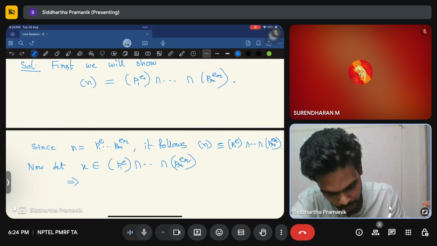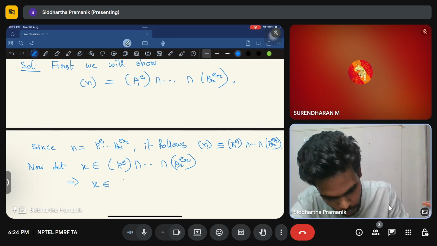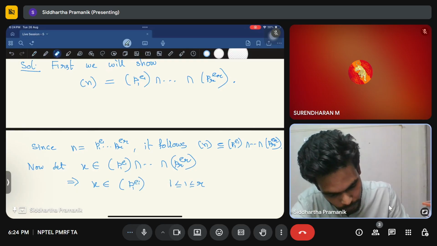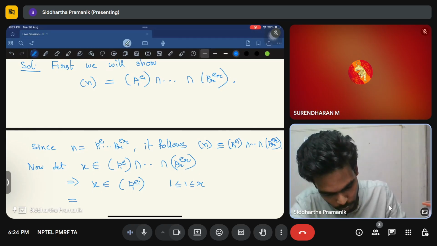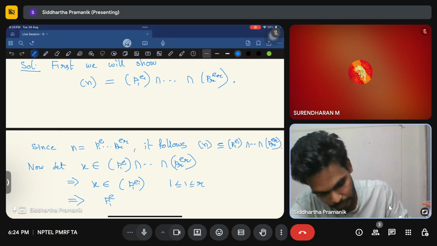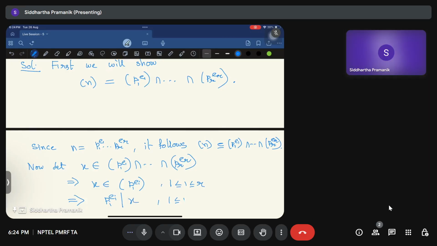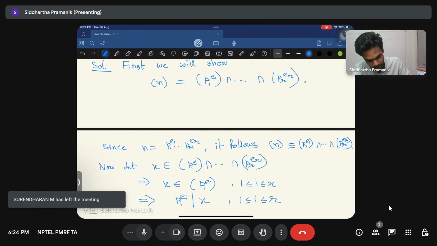Let me write it clearly. So x belongs to the ideal generated by pi^ei for 1 less than or equal to i less than or equal to r, and this will imply pi^ei divides x for 1 less than or equal to i less than or equal to r.